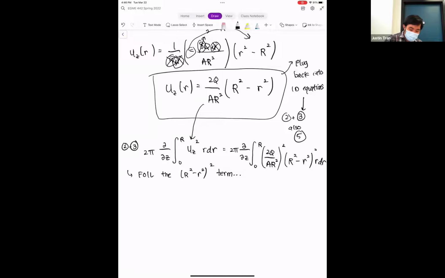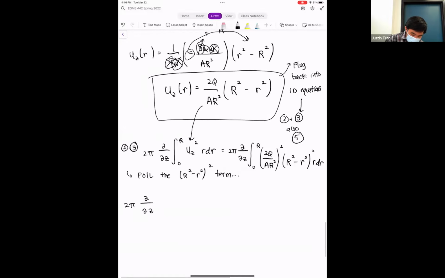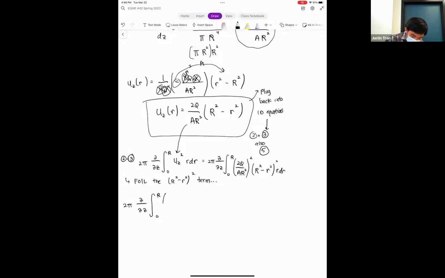If we FOIL that term, we have 2 pi partial z of integral 0 to big R of 2q divided by a r squared, quantity squared.